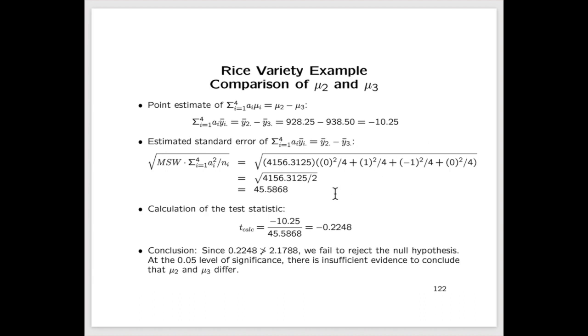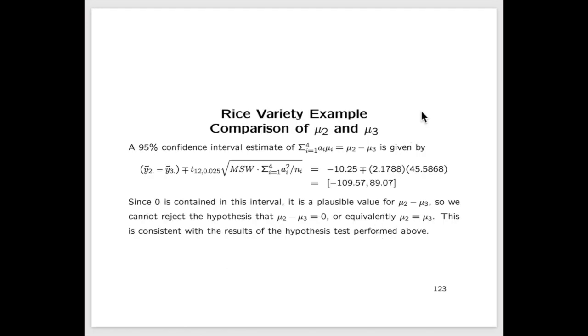Again, the estimated standard error of y bar 2 dot minus y bar 3 dot is 45.5868, and the calculated value of the test statistic is negative 0.2248. Now, since the test statistic has absolute value that is not greater than 2.1788, we fail to reject the null hypothesis. And so at the 0.05 level of significance, there is insufficient evidence to conclude that mu2 and mu3 differ.